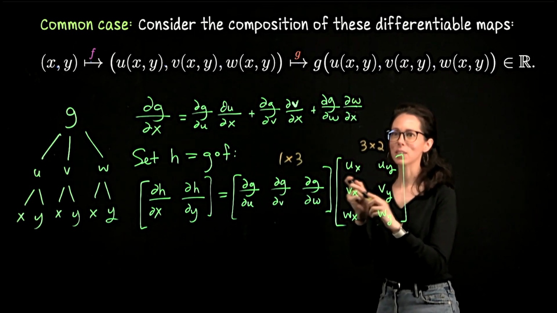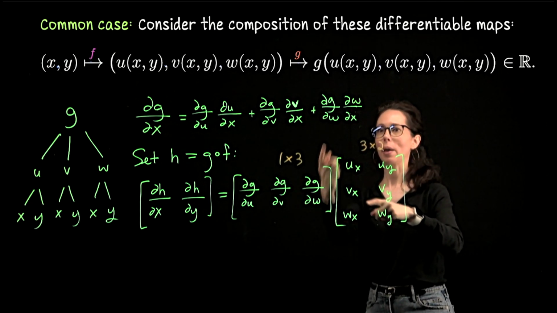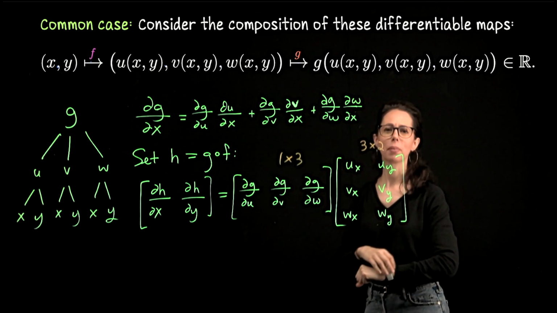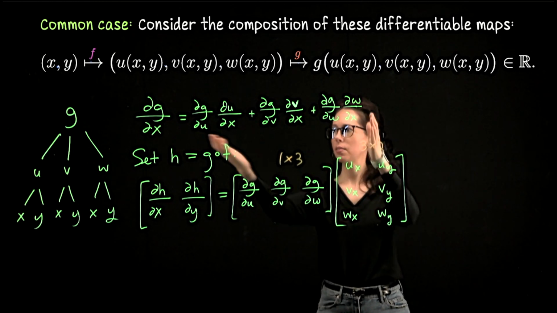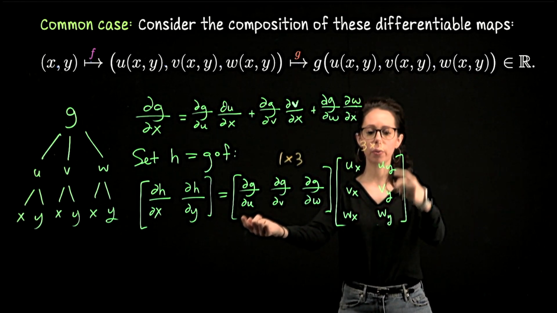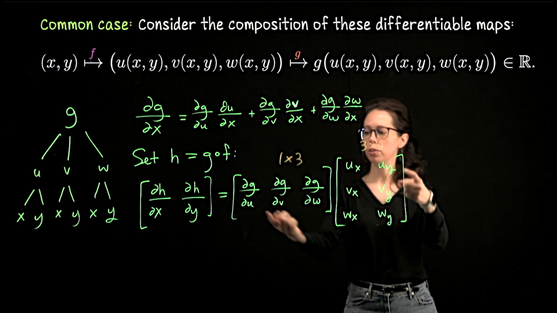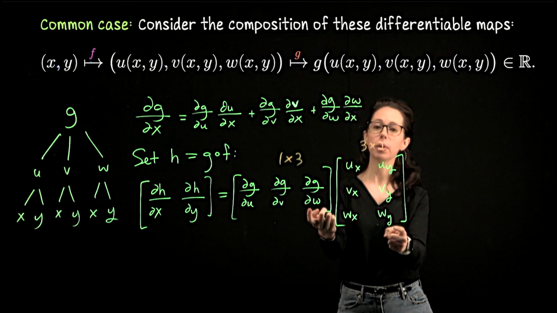Yeah, okay, so I think that's the only typo so far. Okay, I got turned around. But anyway, so this row with this column gives us the dependence of g on x. And then this row with this column gives us the one I did out loud. So dg/du du/dy plus dg/dv dv/dy plus dg/dw dw/dy.